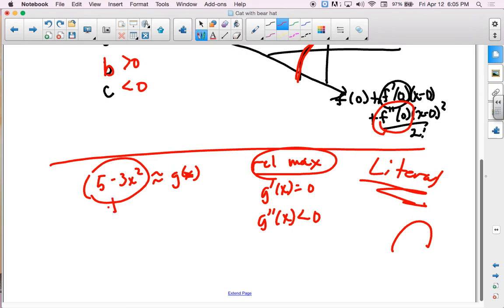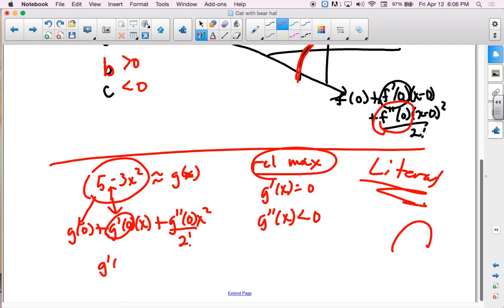So look at my Taylor polynomial. Taylor polynomials are created by g of 0 plus g prime of 0 times x minus 0 to the first over 1 plus g double prime of 0 times x minus 0 squared over 2 factorial. First of all, g of 0 must be 5. Do you see there's no x term? So g prime of 0 would have been 0, which creates a critical number at 0, so we have a horizontal tangent at 0.